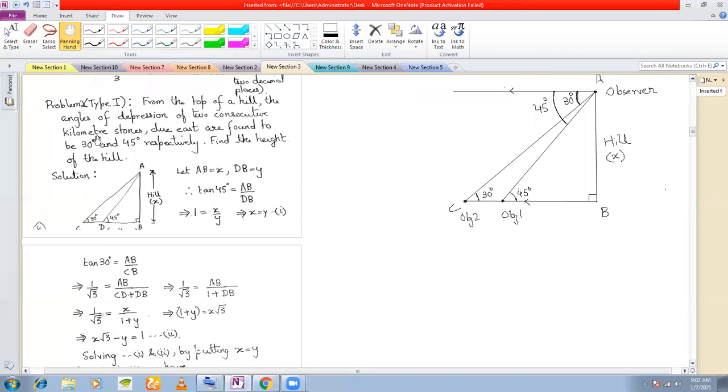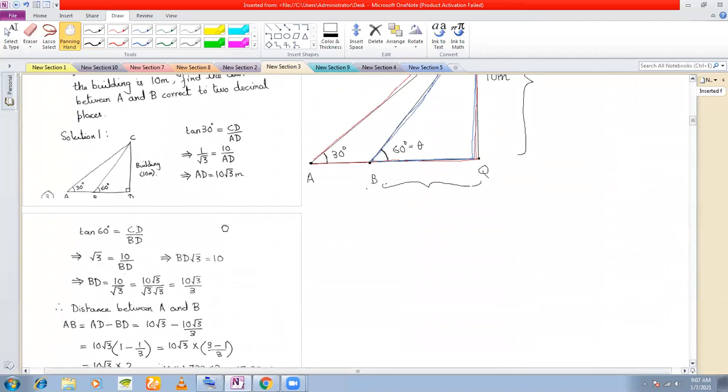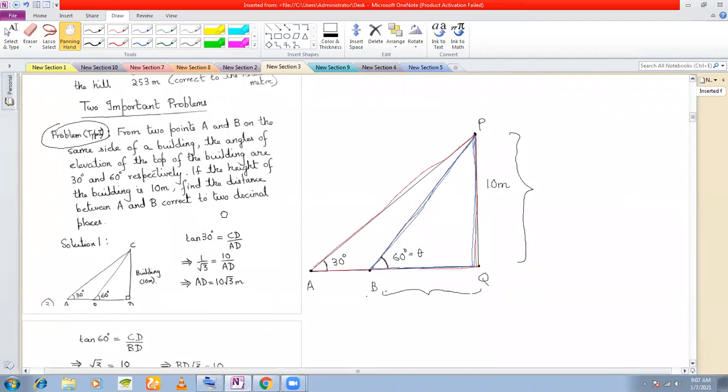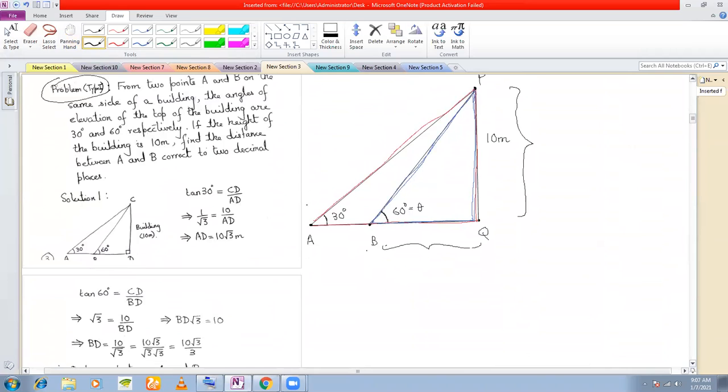What should be the difference between this problem and the first problem? In the first problem, for type 1, you had to find out this distance; this height was given.